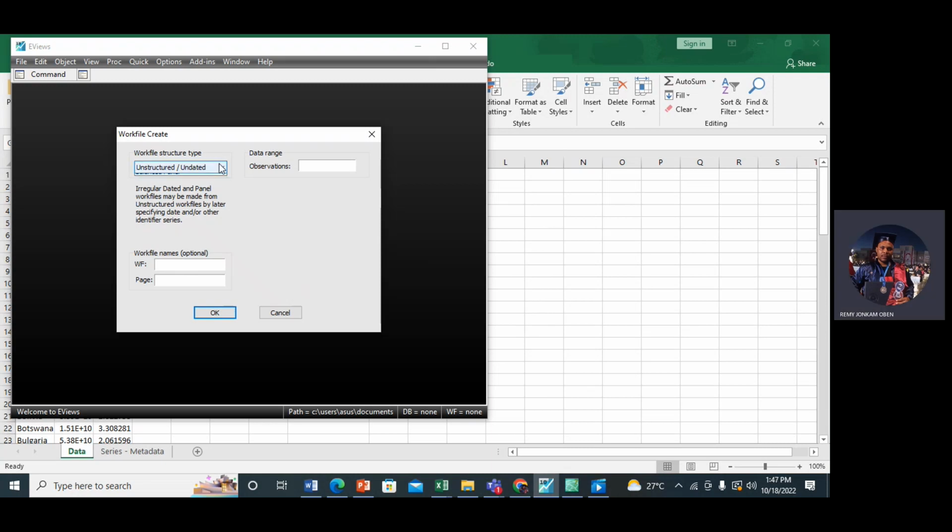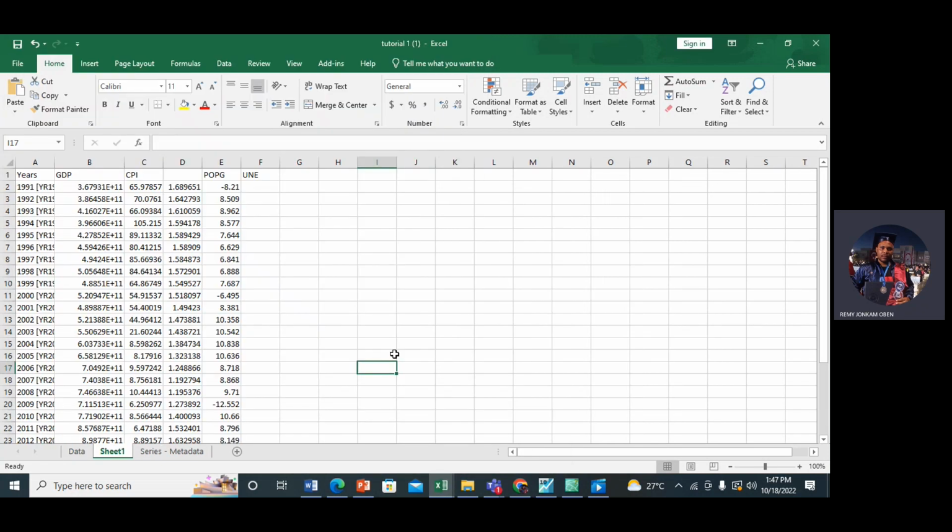So now, let's go back to dated regular frequency. We choose this option if we are working with time series data. Now, how do you upload the time series data from Excel to eViews? Okay, I'm going back to my Excel file. This is our time series data, right? The first thing you need to know is the start year and the end year.